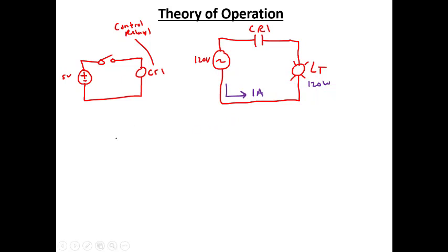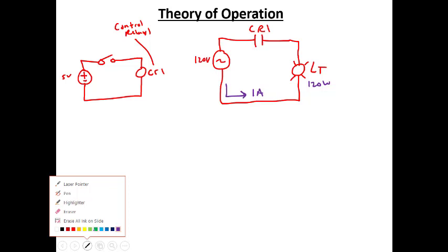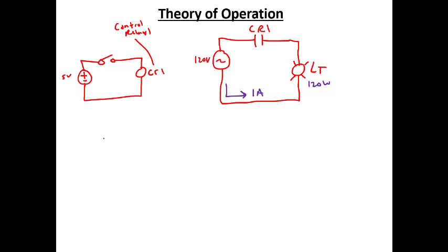All right, so let's look at this in terms of states. We're going to draw this in 2 states. So the first state, let's say that we close the switch. So we'll say state 1, we're going to close the switch.